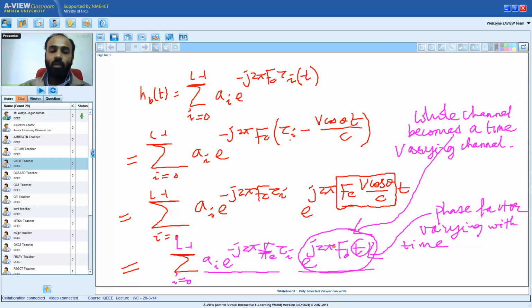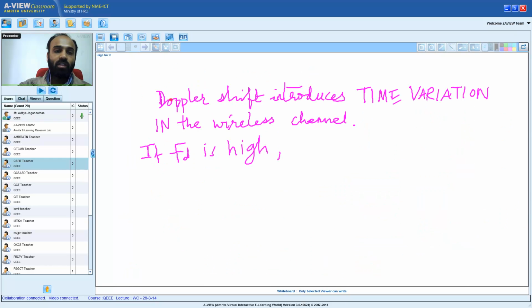Everyone can see that, because if the Doppler shift f_d is 0, that is v is 0, then there is no change, because f_d is 0 and this factor is always 1. It is only if you have a high Doppler shift f_d that the variation is high. And therefore, that is correct.